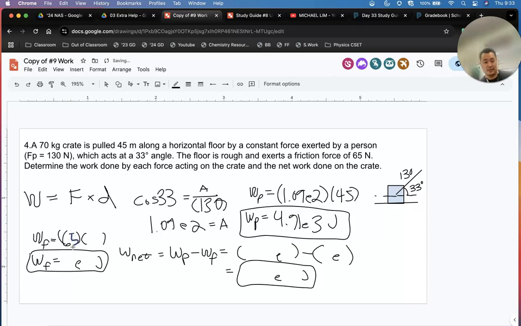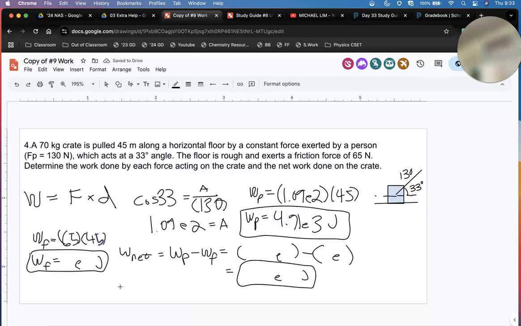And then what's the distance the box is traveling? Devin said it earlier. How far did the box travel? What's the problem telling us is the distance. 45. And one way to tell is if there's an M next to it. That's like meters. Meters is always distance.